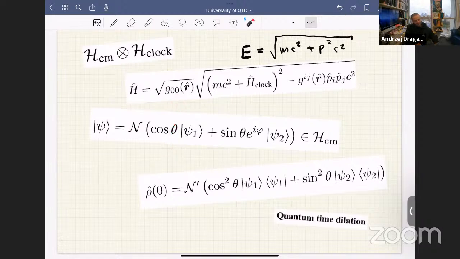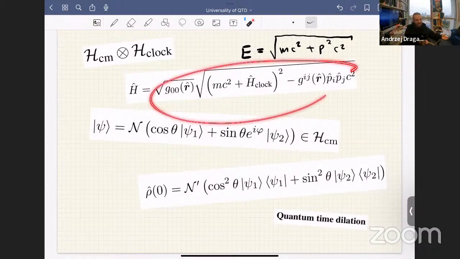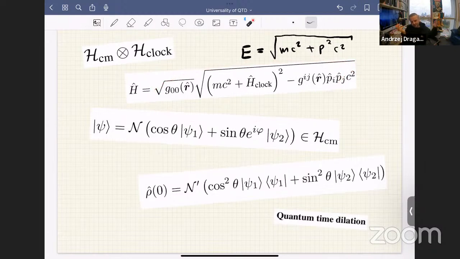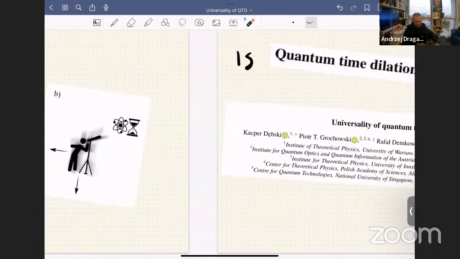And you can ask the question, how does your system evolve with a given metric? But to what degree this is a meaningful calculation, I don't know. You can make a calculation, but whether it represents some measurable reality is another problem. But in principle, the theory is there. You can just plug in your metric and carry on.